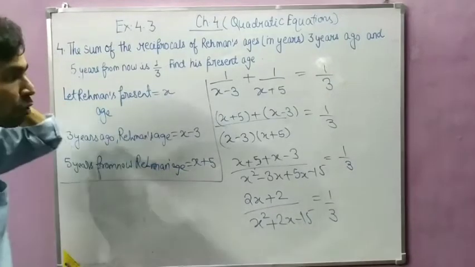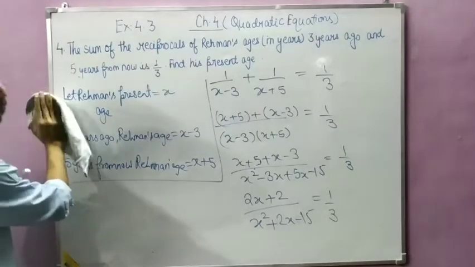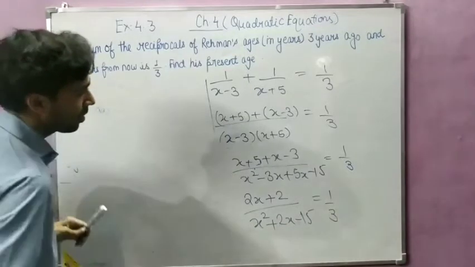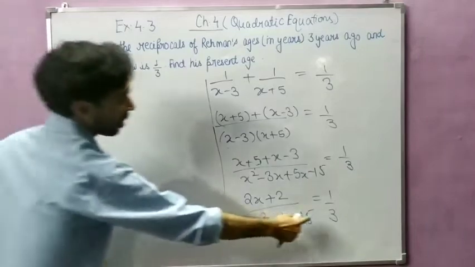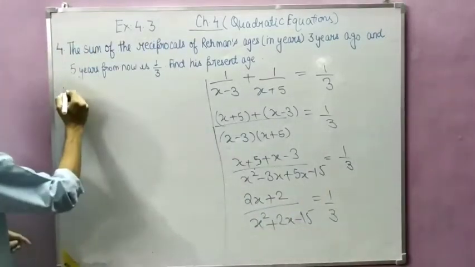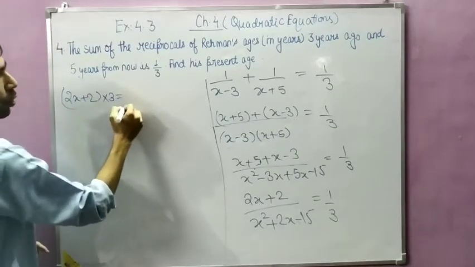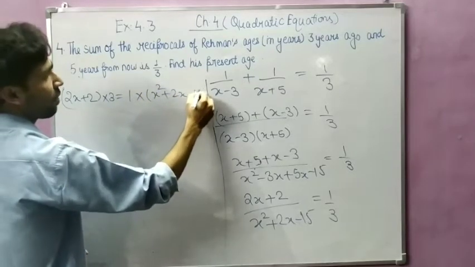Now students, what will you do now? You will solve it. So how will we solve? I am going to erase this part. I will cross multiply it. When I cross multiply, this 3 will be multiplied to this side, and 1 will be multiplied to this whole side. So 2x plus 2 multiplied by 3 equals 1 multiplied by x square plus 2x minus 15.